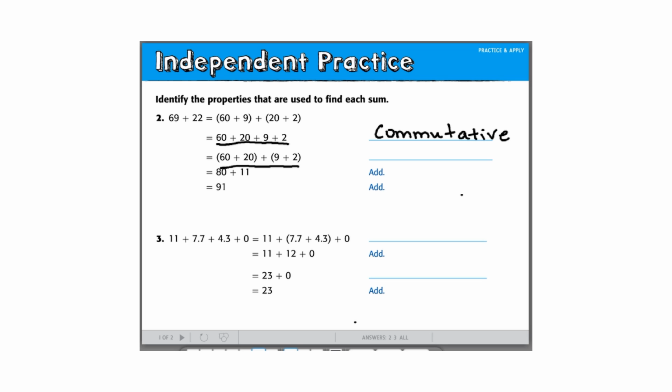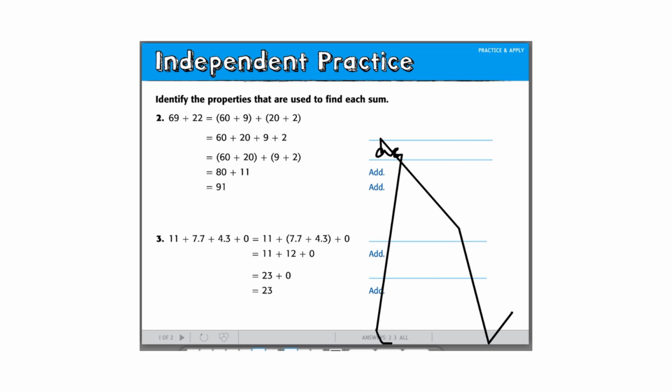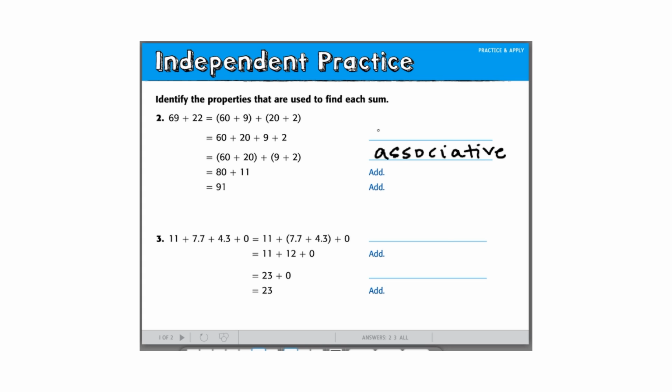The associative. Then all they did was add and then add. The lines started again, so I had to erase it. Now they already gave you the steps over here. Then they added, and then they added again.